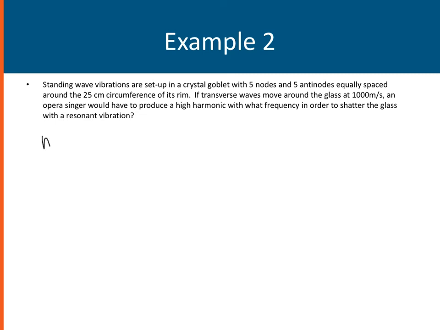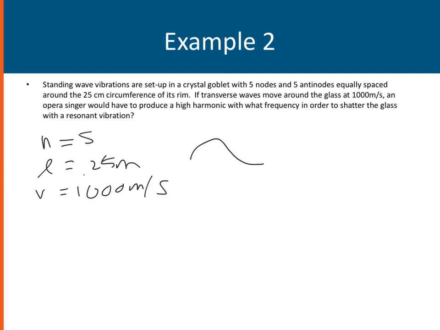So if the antinode number is 5, then that means N is 5. We know that the length is 0.25 meters because it said that it was 25 centimeters around. We know the speed is 1,000. So I would draw it. So I'd have 1, 2, 3, 4, 5. 1, 2, 3, 4, 5.